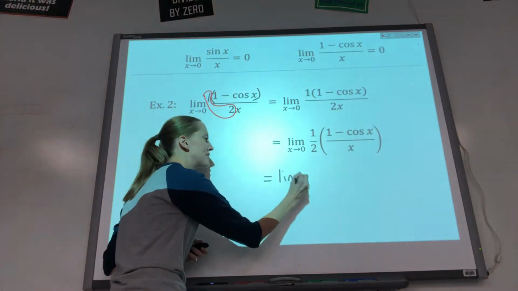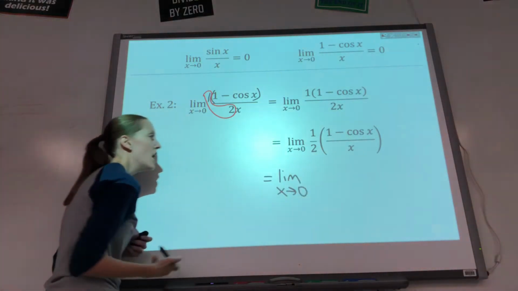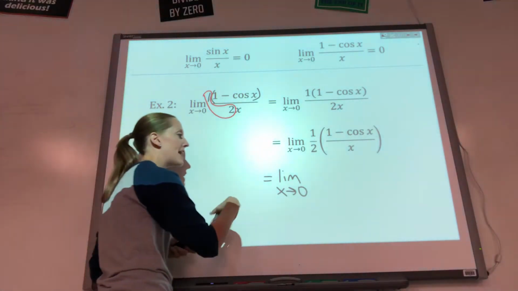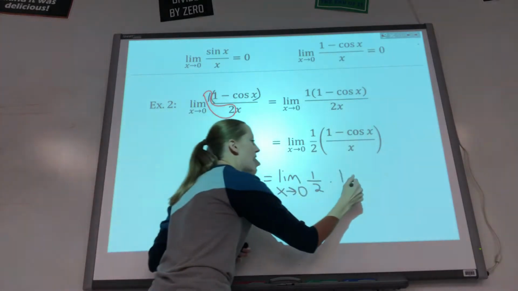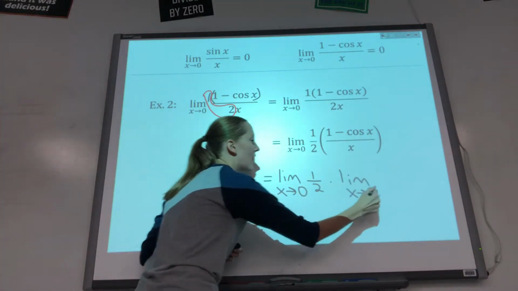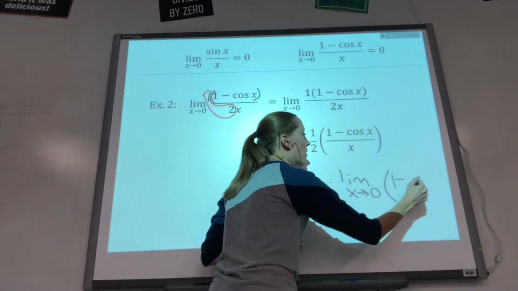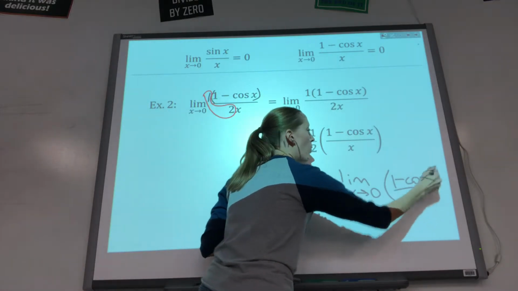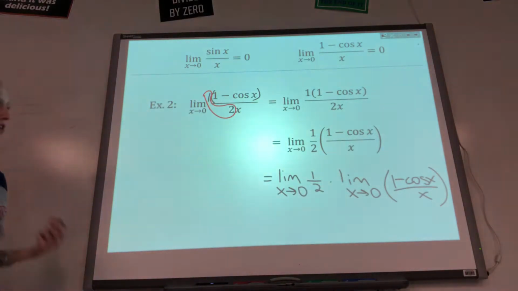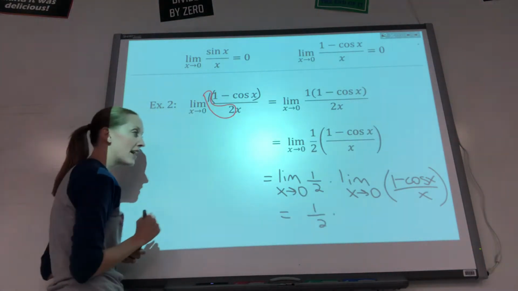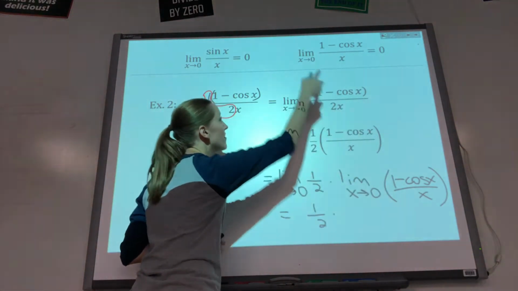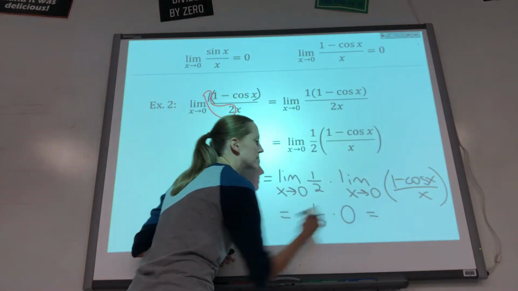Again, if you don't write this step out every time, it's fine. But I can take the limit as x approaches 0 of 1/2 times the limit as x approaches 0 of 1 minus cosine of x over x. The limit of a constant is the constant, and the limit of that is 0.